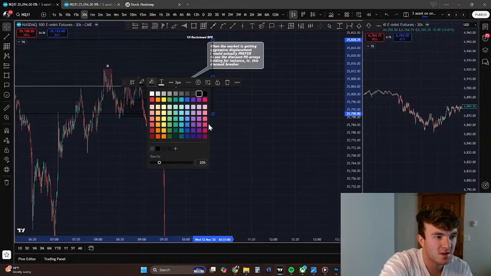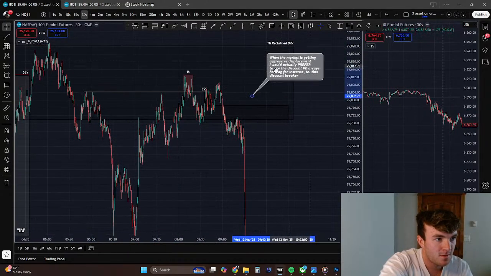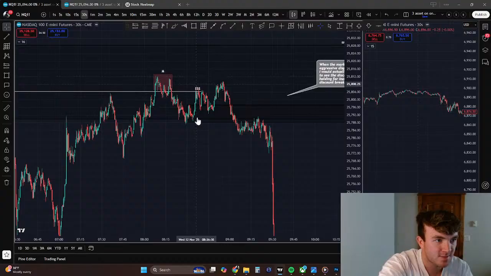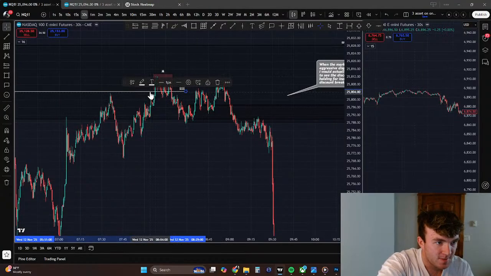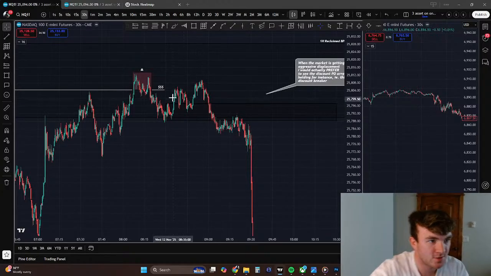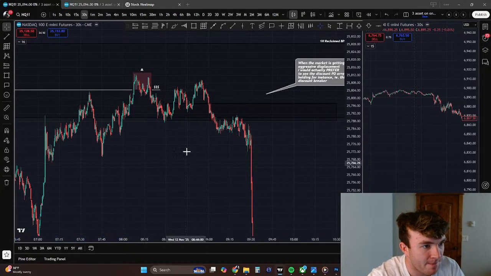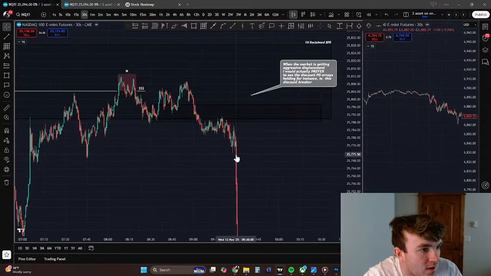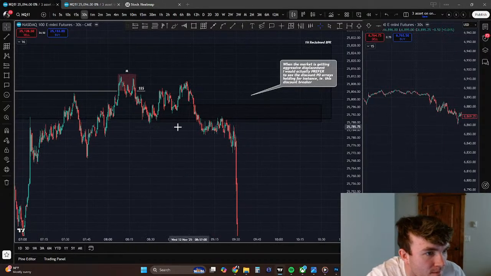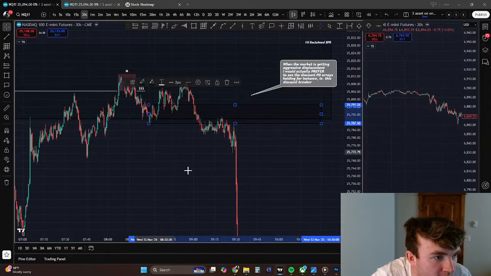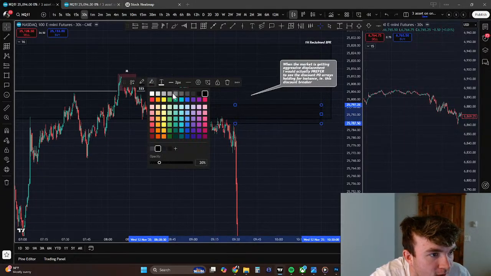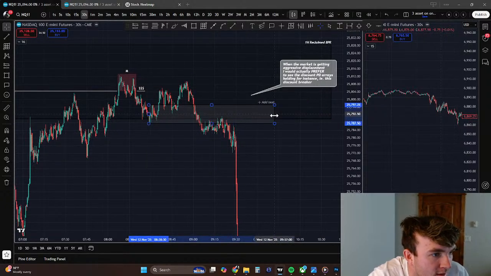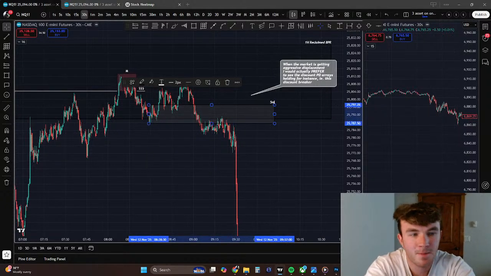It's a 1-hour BPR. We're getting aggressive displacement. So here's manipulation, and then here's an inducement. Now we get a break of this low. And then this is the whole breaker. So 5-minute breaker.